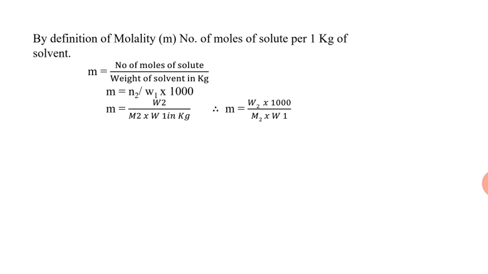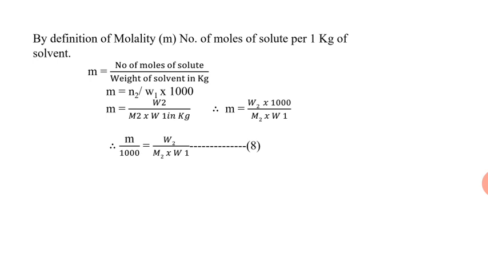Therefore molality small m is equal to W2 into 1000 divided by M2 into W1. So by definition of molality we get a new formula, that is small m is equal to W2 into 1000 upon M2 into W1.